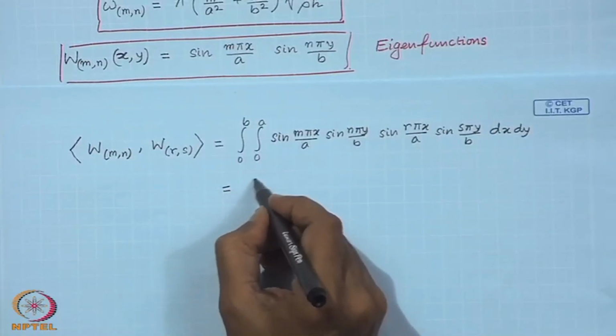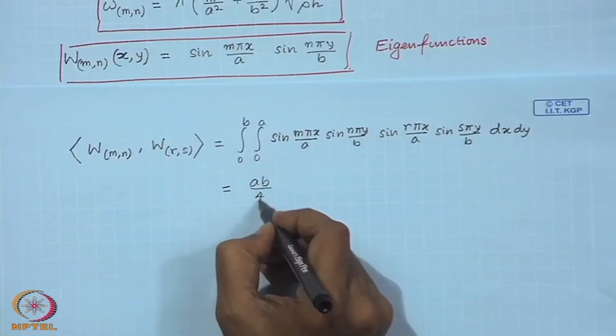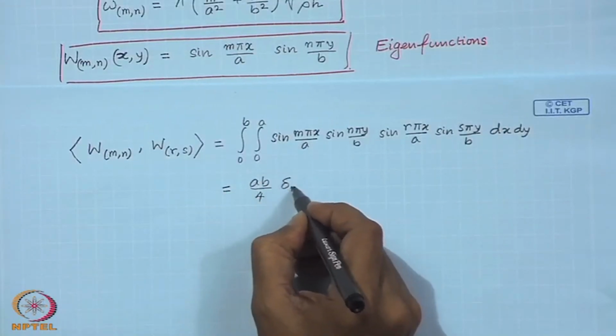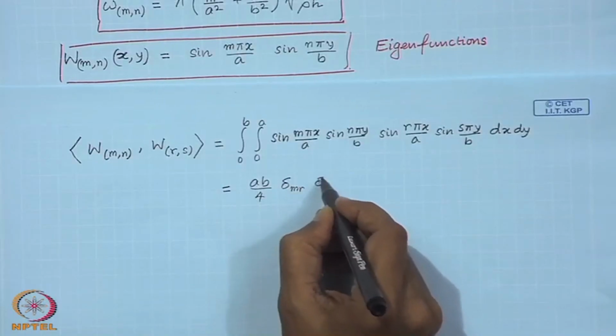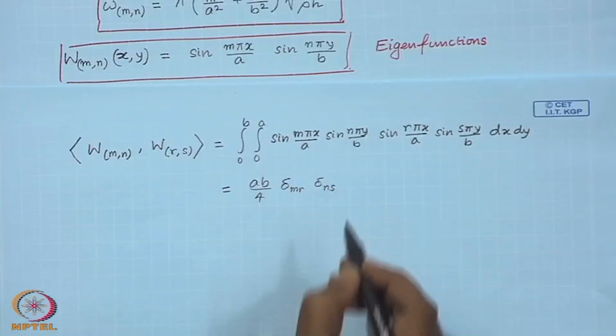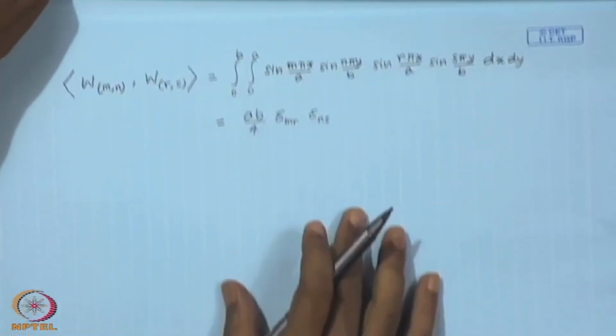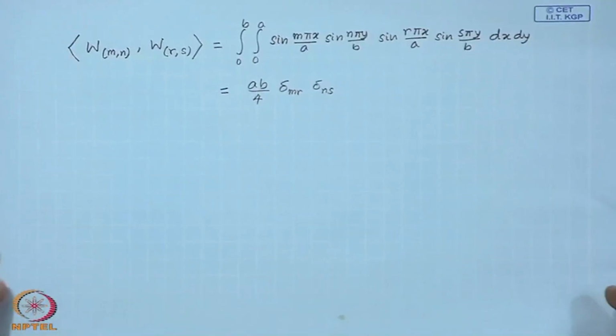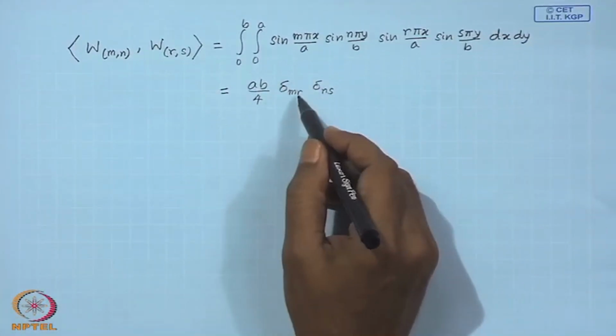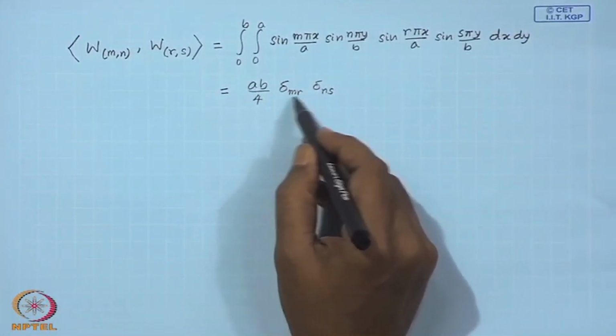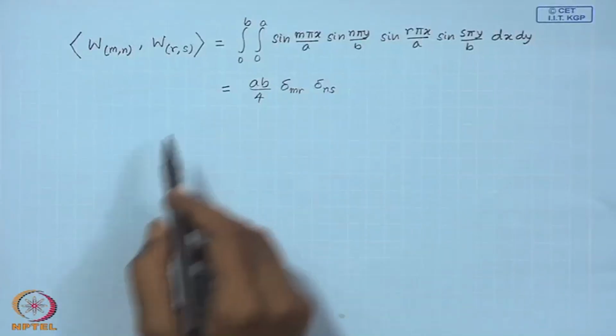So, that is A b over 4, and these are the Kronecker delta functions. So, they take the value 1 when the two indices are equal.